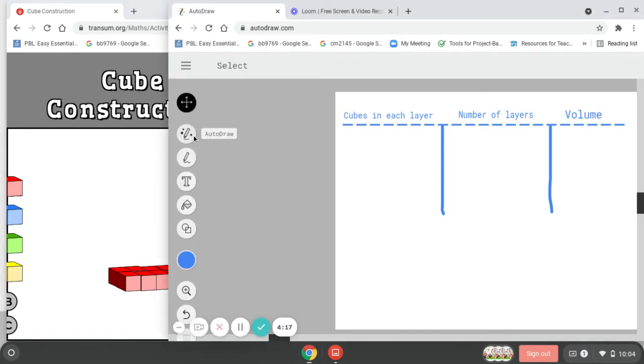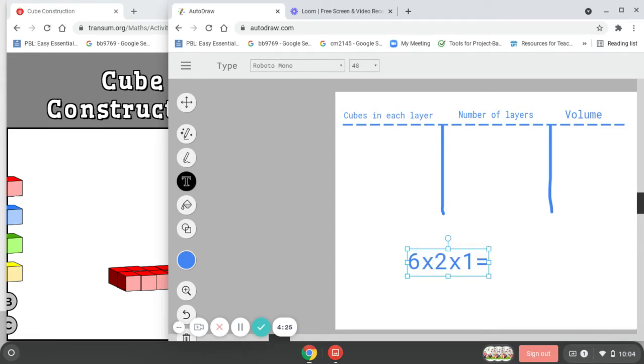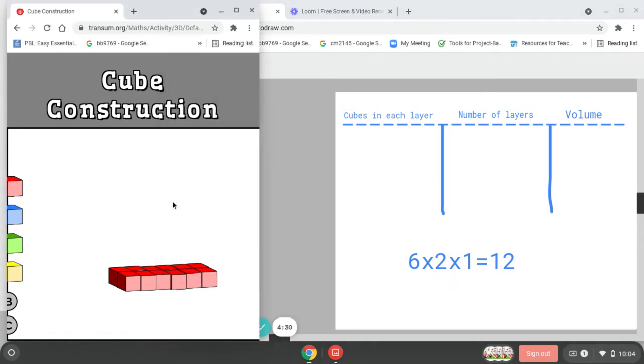So that means we are multiplying 6 times 2 times 1, which gives us 12. Now, our figure needs to have 24 unit cubes. Since I have 12 here, I know if I put another 12 on top of it, that's going to give me 24. So let me create that.